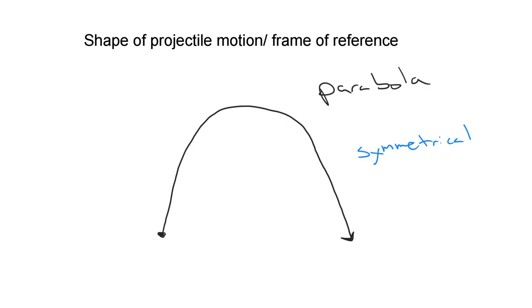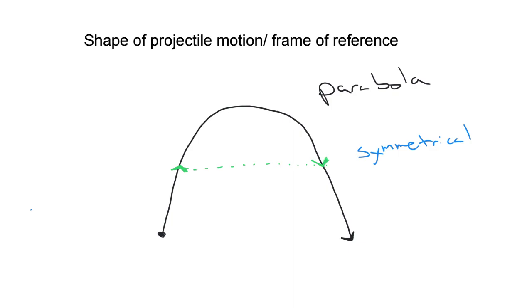One of the consequences of this being symmetrical is the speed on the way up exactly matches the speed on the way down. So right at this moment here, my golf ball is going to have some upward speed. Well, if I just draw a horizontal line to that moment on its way back down, it's going to have the exact same speed.